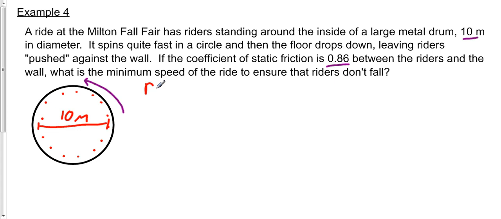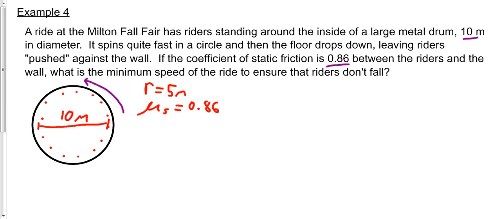So we know the radius of this thing spinning is 5 meters, and we know that mu s is equal to 0.86. The reason we're looking at static friction here, not kinetic, is that we want to make sure they don't fall, so the rider shouldn't be sliding against the wall of this drum.